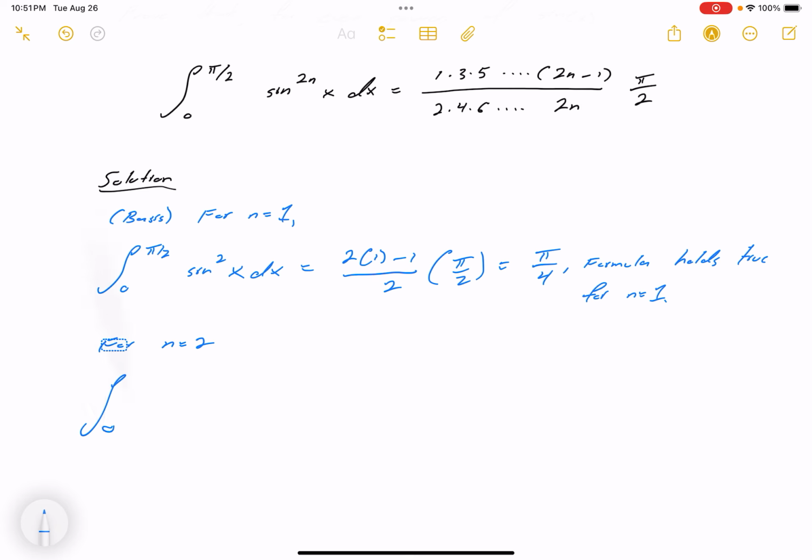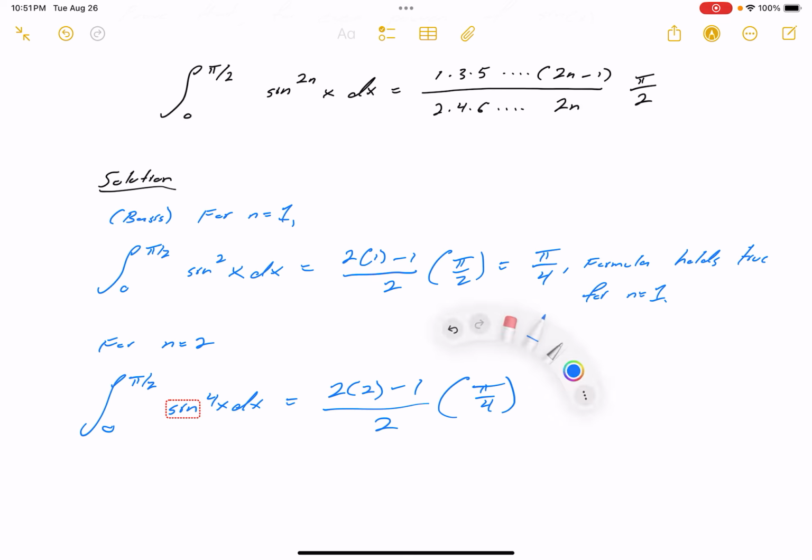So let's see if it works for n equals 2. This will be the integral from 0 to pi over 2 of sine to the 4th power x dx, which is equal to, again, 2 times 2 when n equals 2, minus 1 over 2 times pi over 2. Ignore the pi over 4, it's pi over 2.